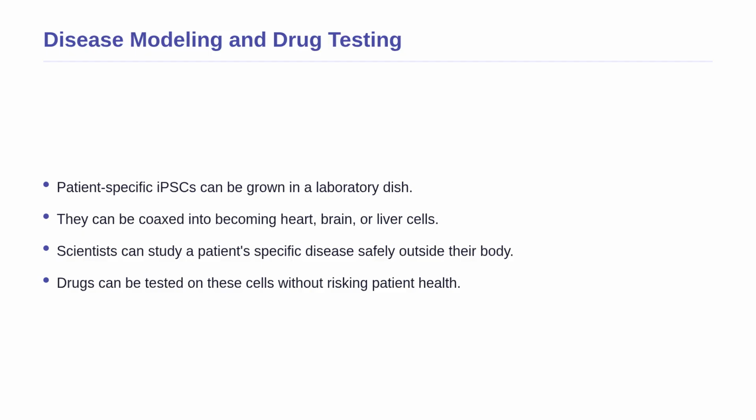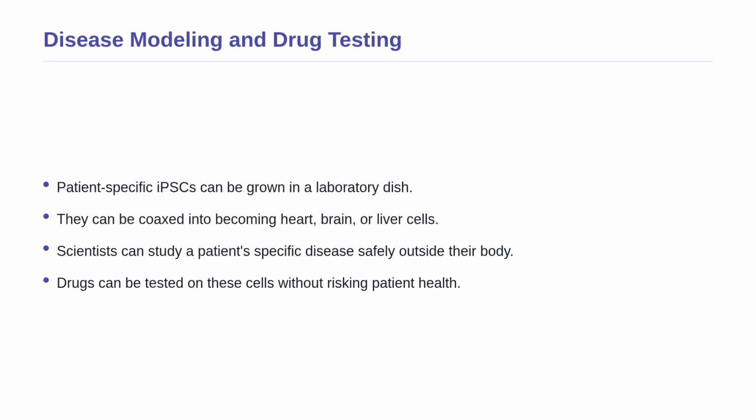Beyond solving ethical issues, this technology has incredible practical applications for understanding illnesses. Because we can take a small skin sample from a patient and turn those cells into iPSCs, we can then coax them into becoming heart, brain, or liver cells right in a laboratory dish.